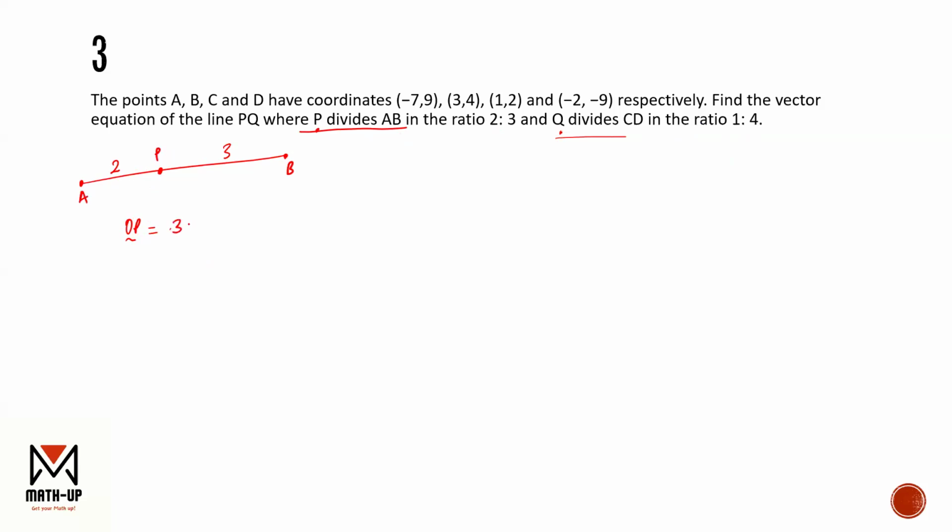3 times OA plus 2 times OB divided by 3 plus 2. The 3 is closer to B, it's associated with B, but we multiply it by the position vector of A, and vice versa, the 2 with B. The position vector of A is simply given by the coordinates of point A. So that's going to be 3 times (-7, 9) plus 2 times (3, 4).